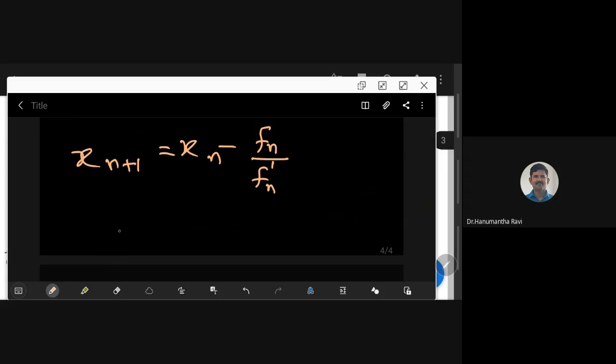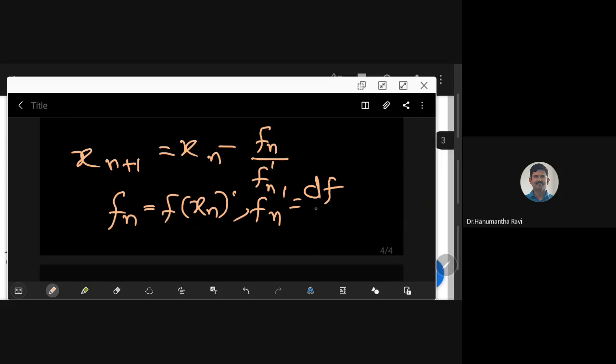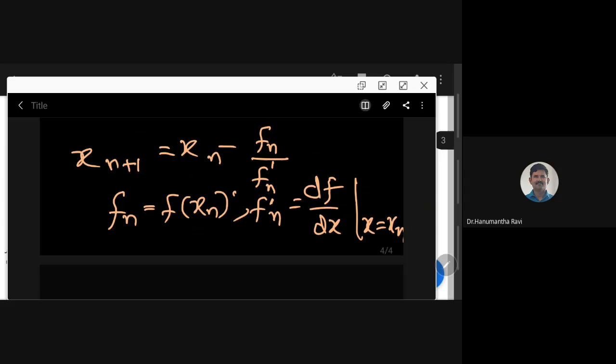What is the meaning of fn? fn is nothing but f of xn. And what is fn dash? fn dash you calculate as df by dx at x is equal to xn. This prime is here. So this is the Newton-Raphson method.